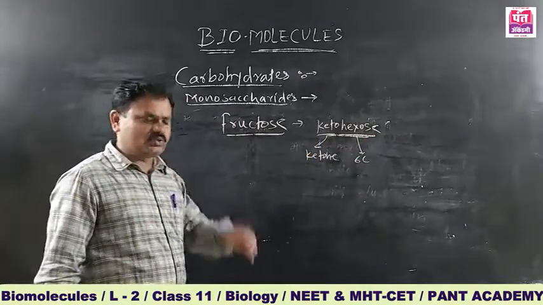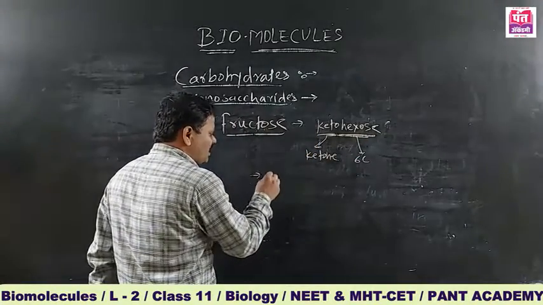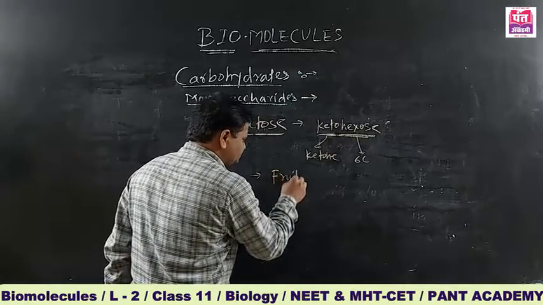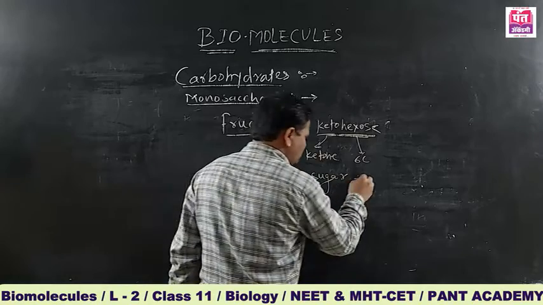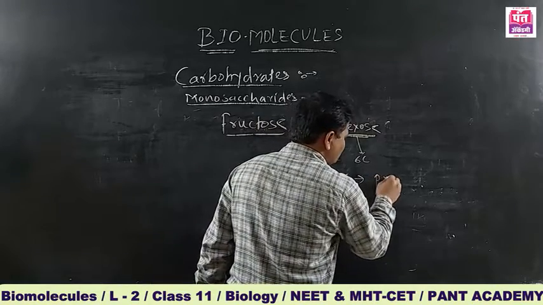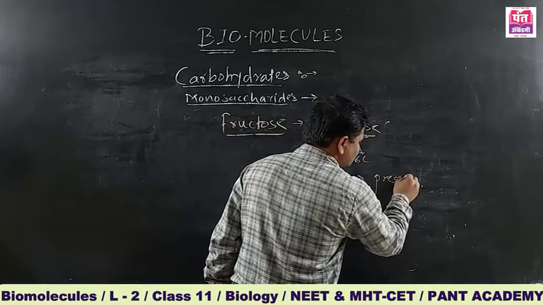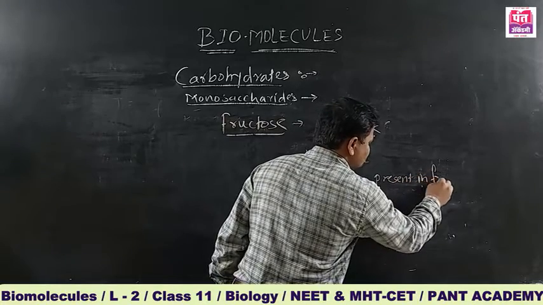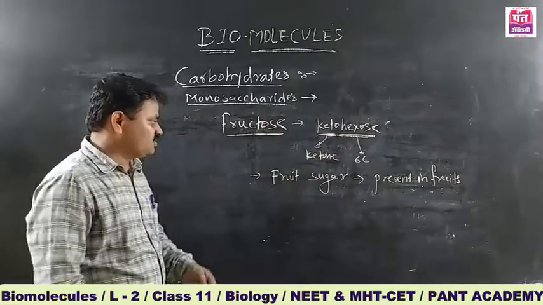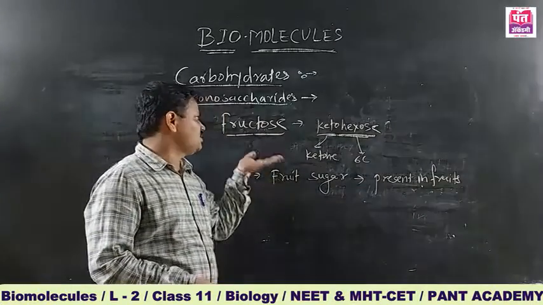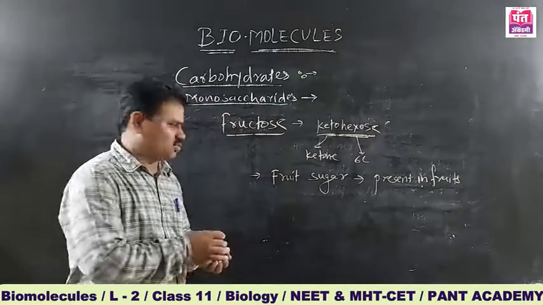So fructose is specially called a fruit sugar, because it is present in fruits. This monosaccharide which is present in fruit is called a fruit sugar, and it is fructose.